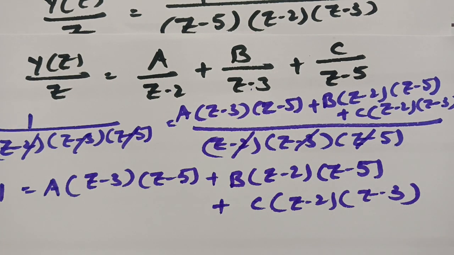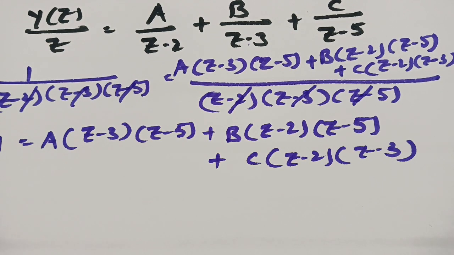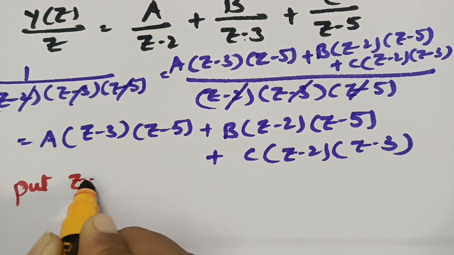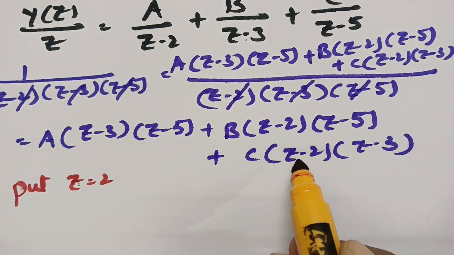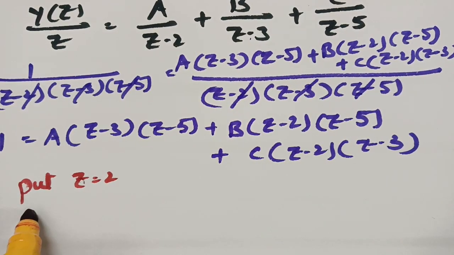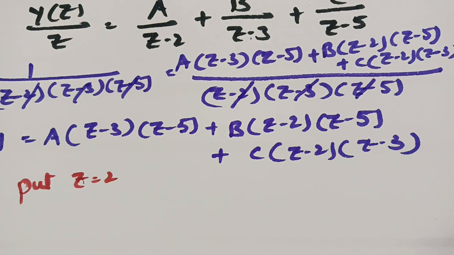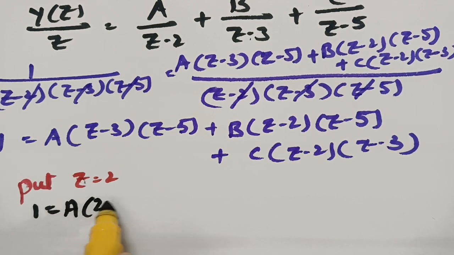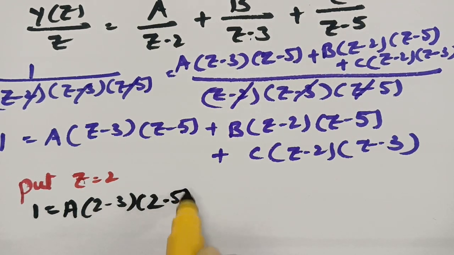Now, if I put z is equal to 2, this will become 0 and this will become 0. And what remains here? Then 1 is equal to a times (2 minus 3) into (2 minus 5).